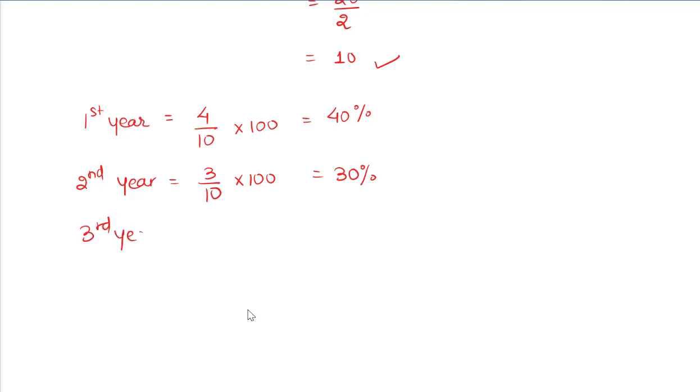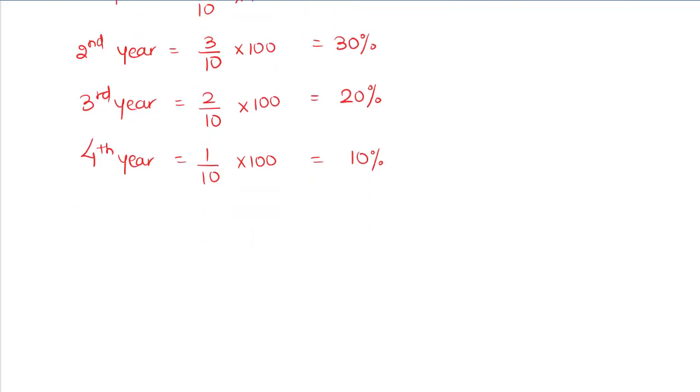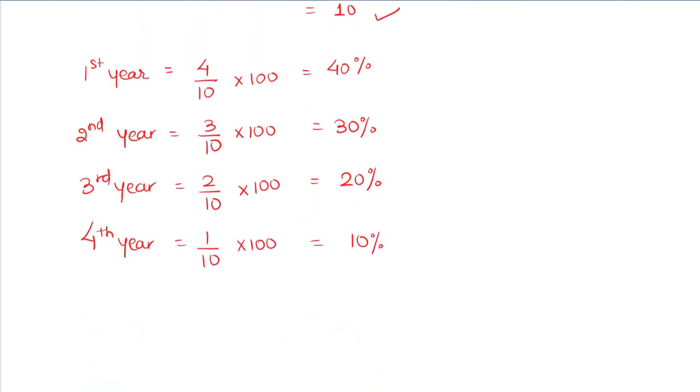Third year, 2 by 10 multiplied by 100, which is 20%. Fourth year, 1 by 10 multiplied by 100, that is 10%. I believe you understood this.